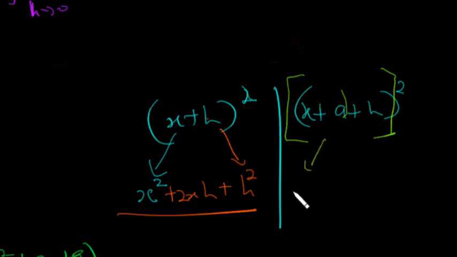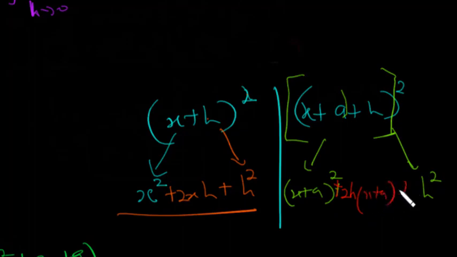So you have x plus a on one side, you square it, then you have h on the other side squared. So you have 2 times h times x plus a, so that's going to be plus 2h, then you have x plus a.